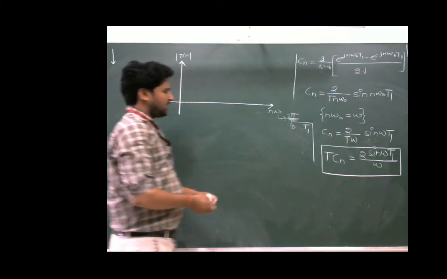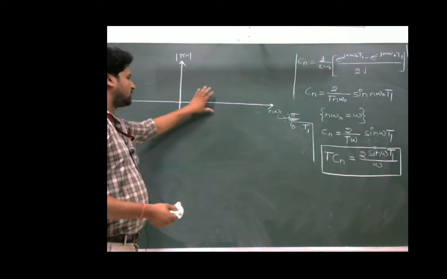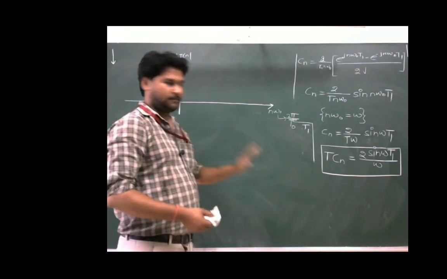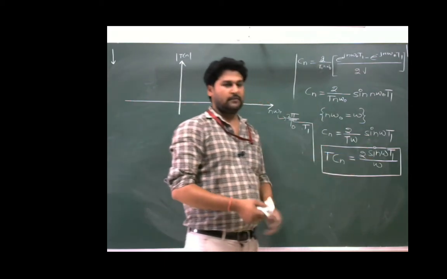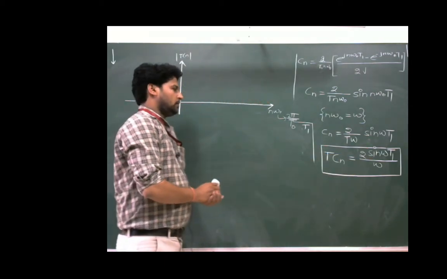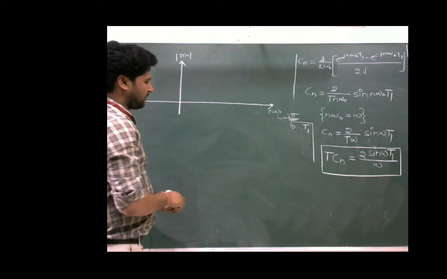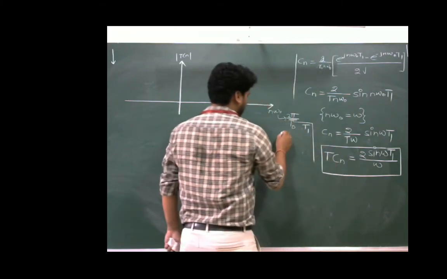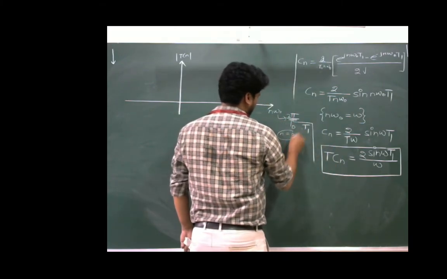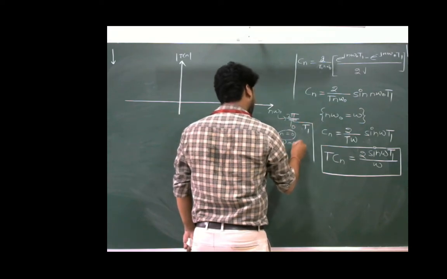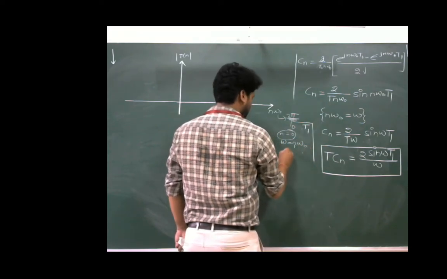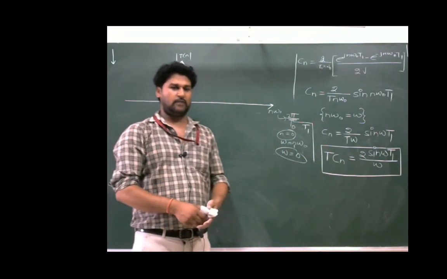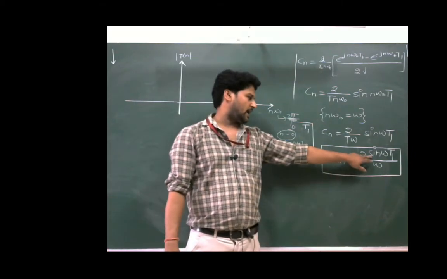Now we will first plot the envelope of this given function with respect to n omega naught. To plot the envelope, first we will check the value of the function at omega equal to 0, meaning n equal to 0. At n equal to 0, omega is equal to n omega naught, and because n is 0, omega will also be equal to 0.